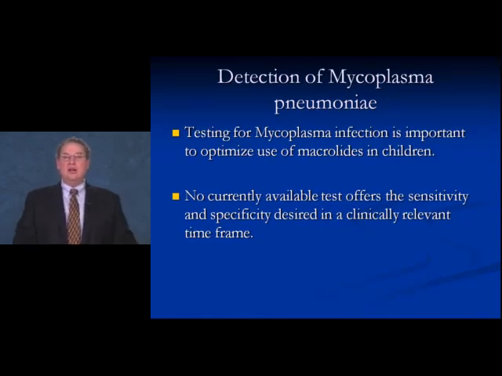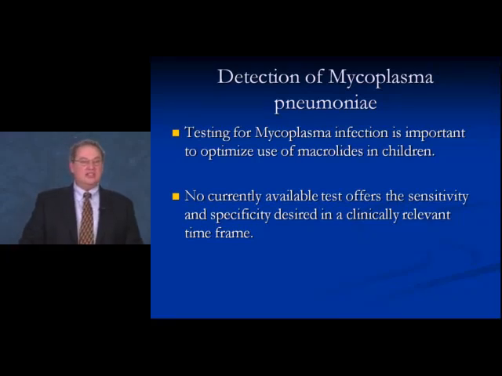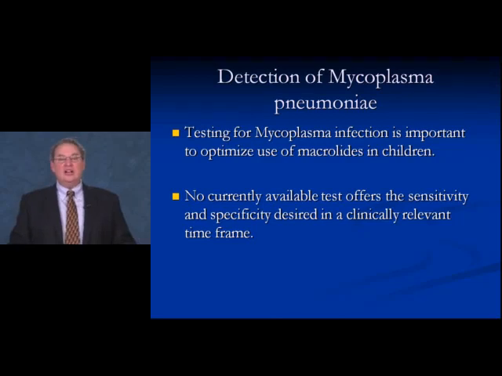What about mycoplasma? As I mentioned previously, this is less common, and the presentation is a little bit different. It's important to know that testing for mycoplasma infection is important when making decisions about starting therapy. However, there are no currently available tests that are sensitive and specific in the relevant time frame.